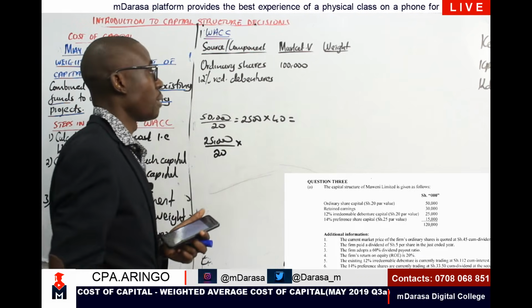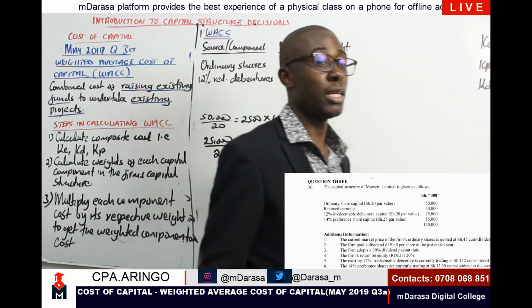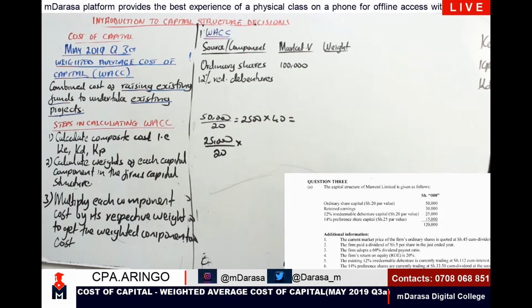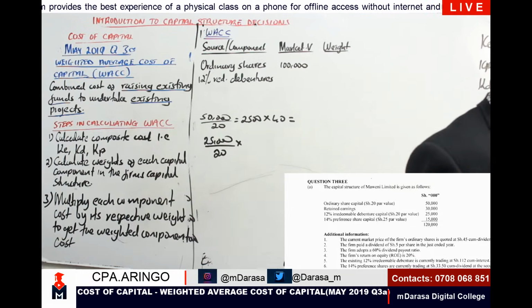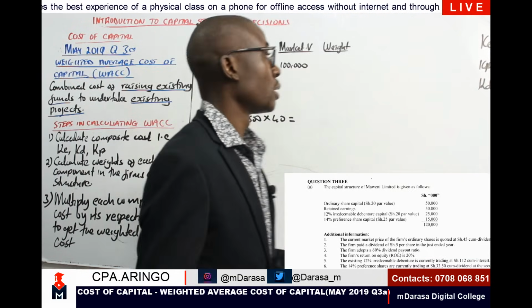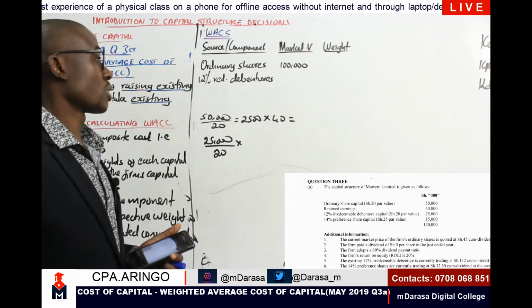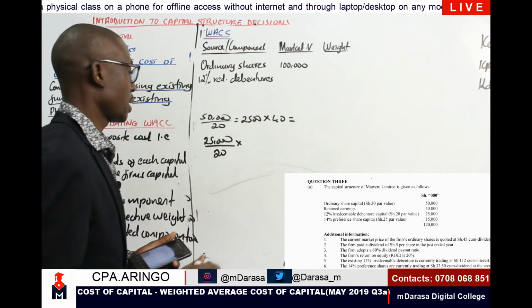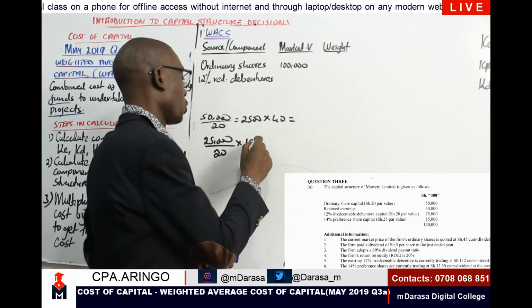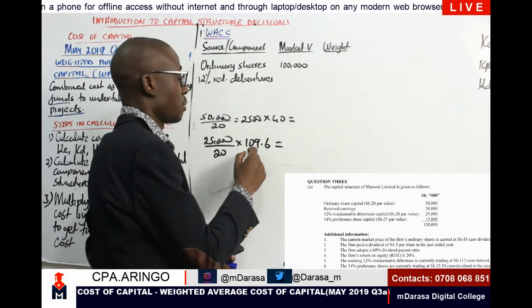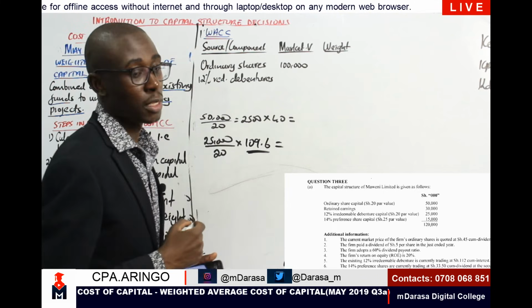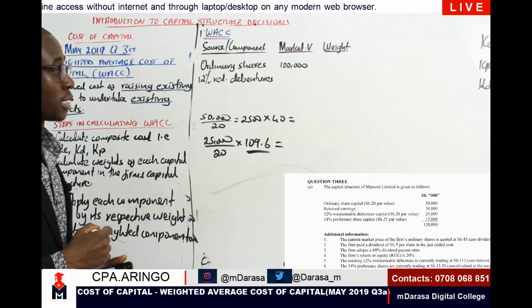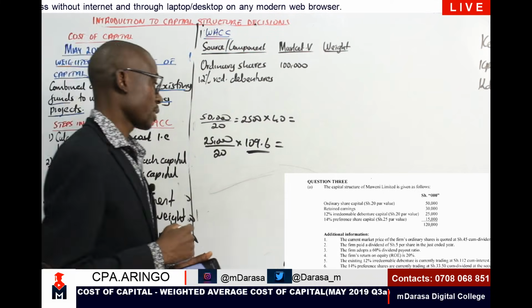We multiply by the market value of the debentures. And the market value of the debentures, my good students, you had computed it to be how much? Because it had a component of interest, where we took 112 minus the component of debt, and in that case, I can clearly see we got 109.6. Remember the value that you had calculated? 109.6.